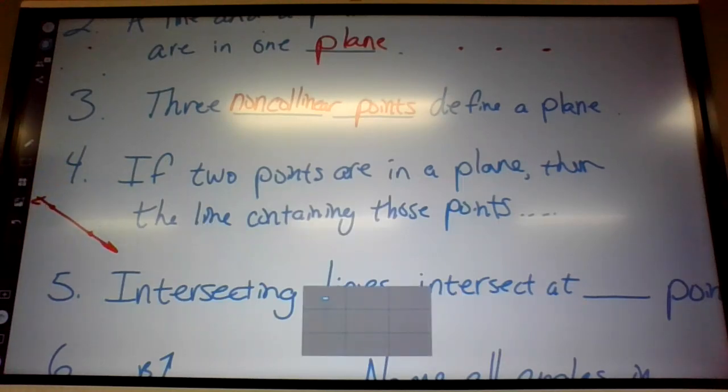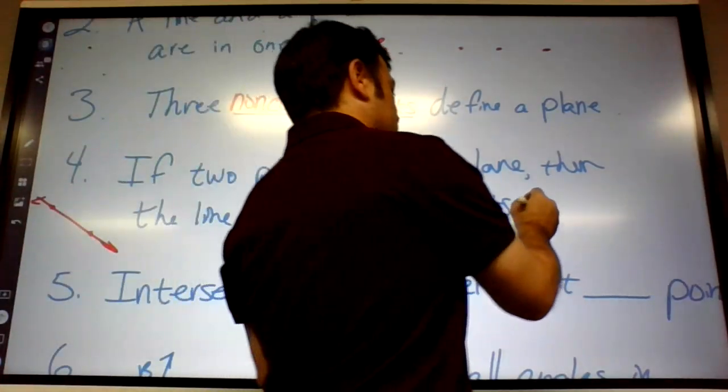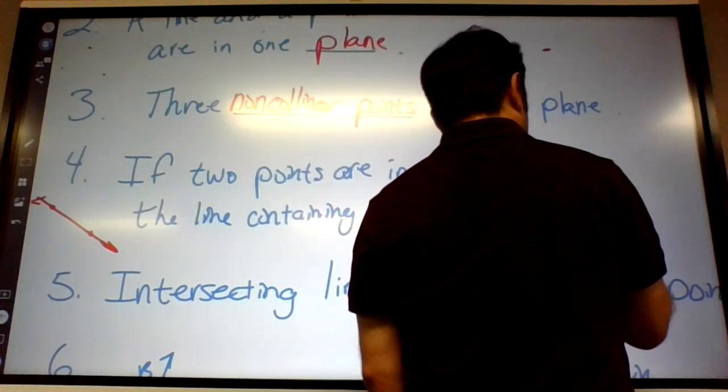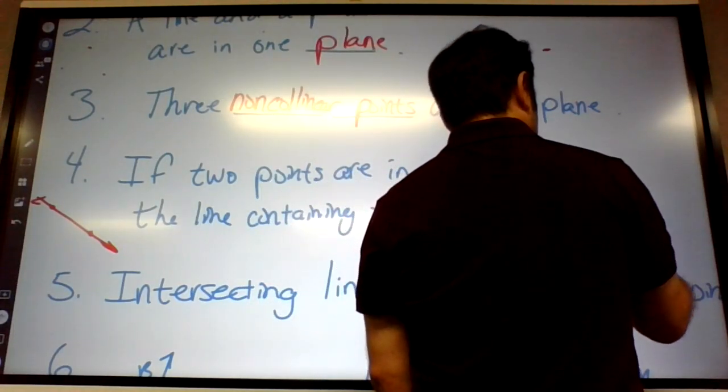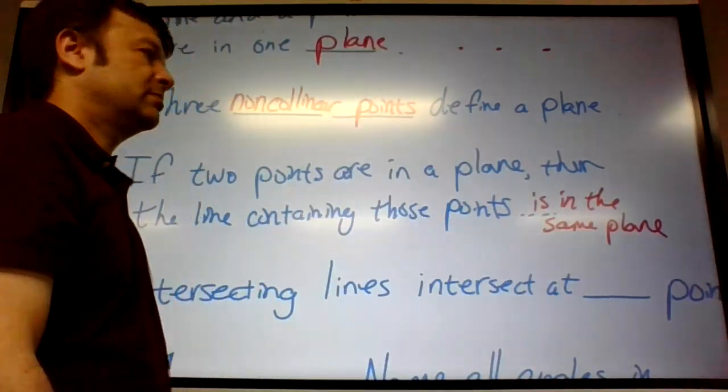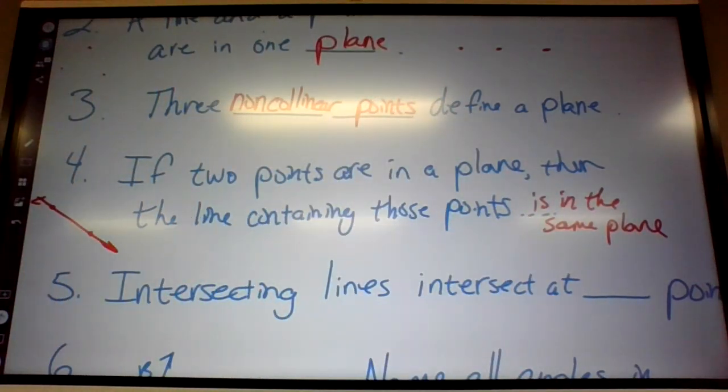If you think about it, it makes sense. The line containing those points is in the same plane. It's like if two dots are in a piece of paper, then the line that goes through the two dots also has to be on the piece of paper. Basically what it means.